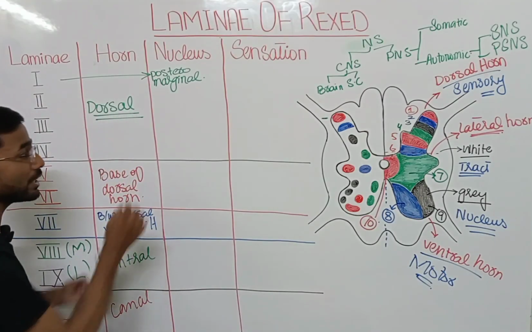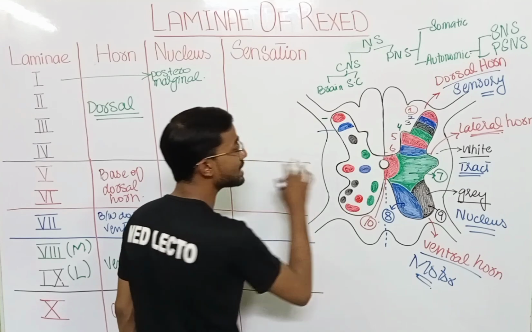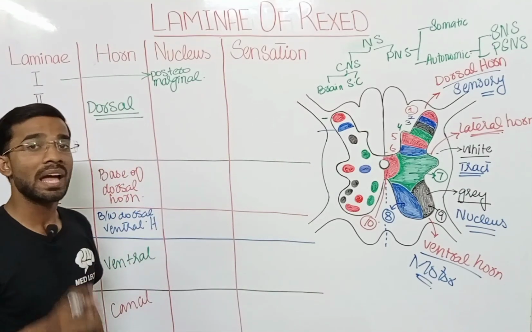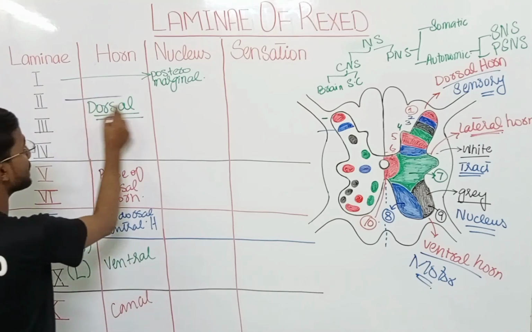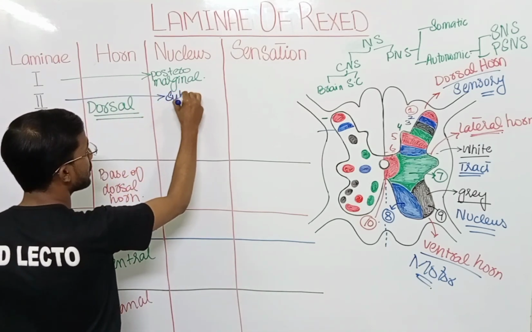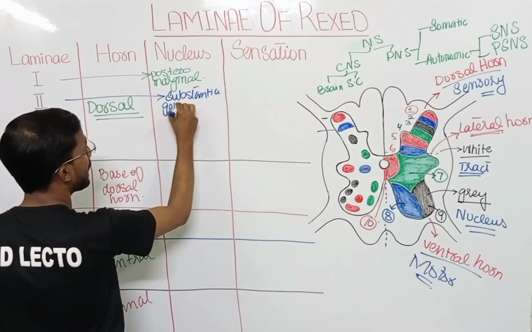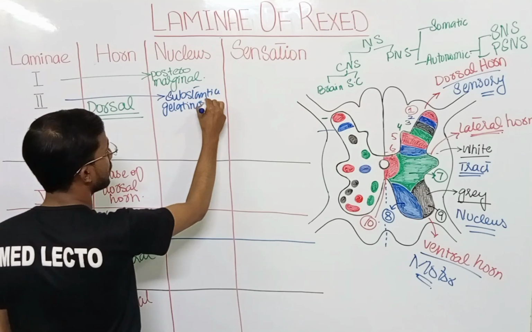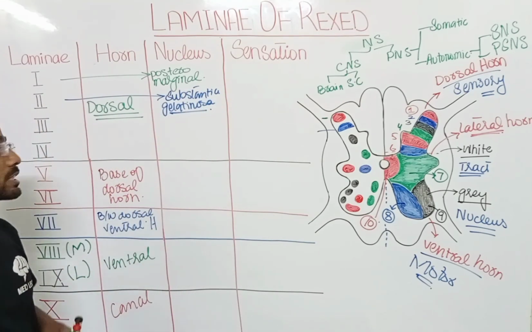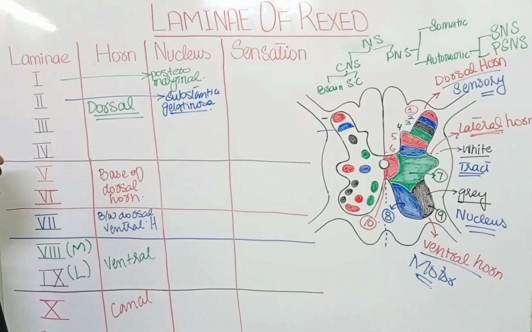Okay. The second nucleus is present at the level of the second lamina, and that nucleus is the substantia gelatinosa. This is another important nucleus, corresponding to lamina 2. Okay.